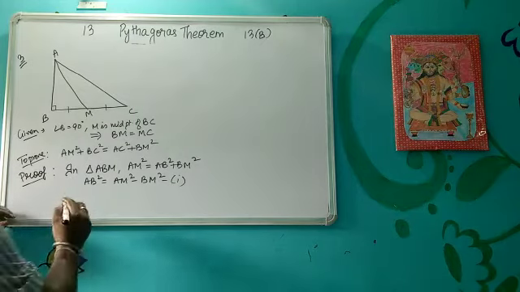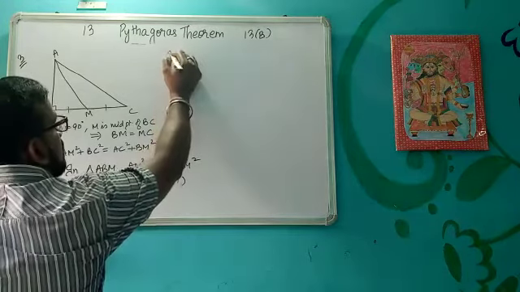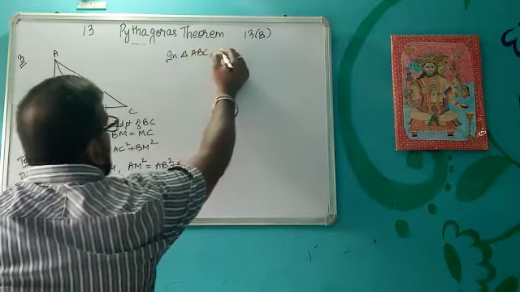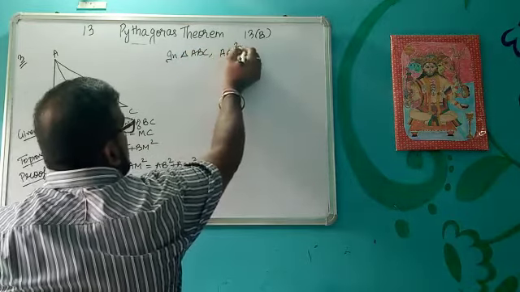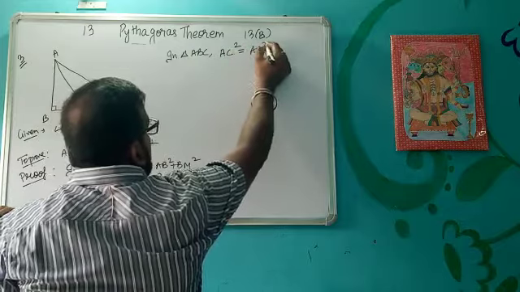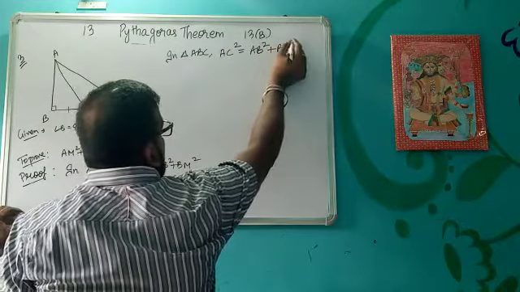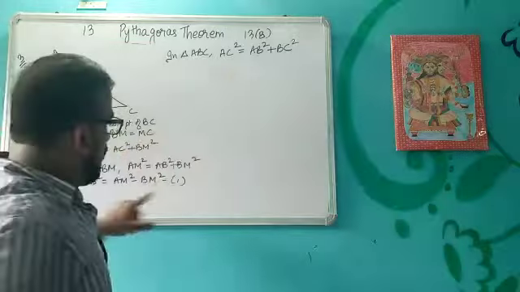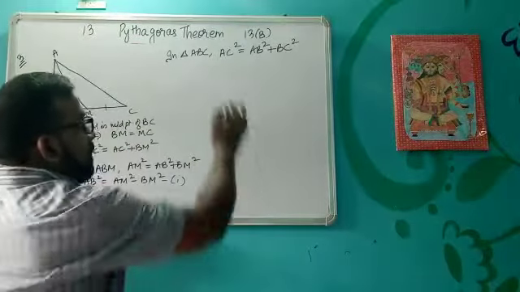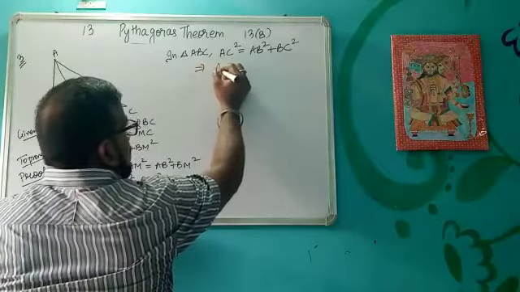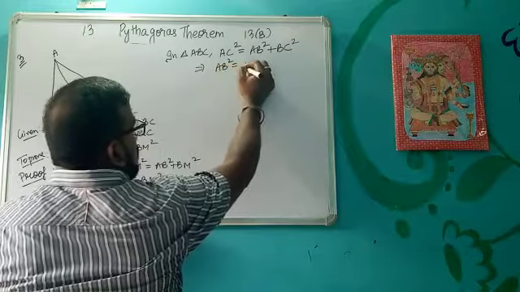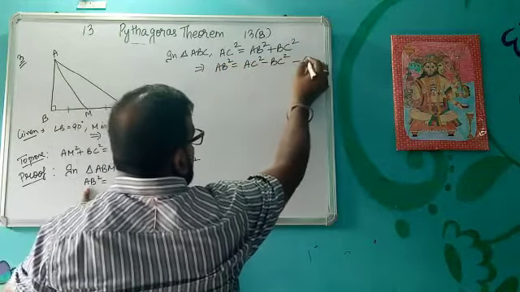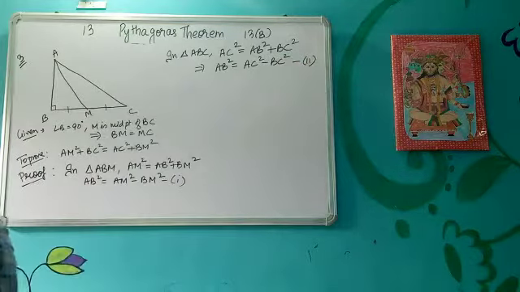Then we will take in triangle ABC, AC square is AB square plus BC square. So again we will find the value of AB square. So what we get? AB square equal to AC square minus BC square. This is our second equation.